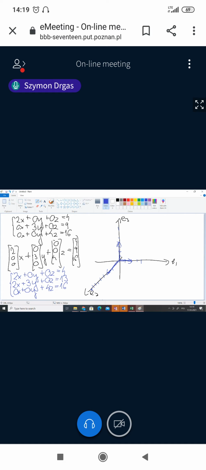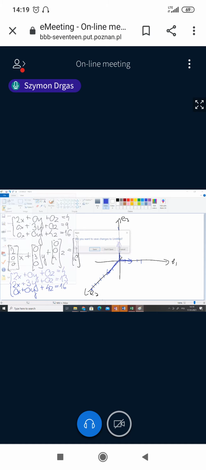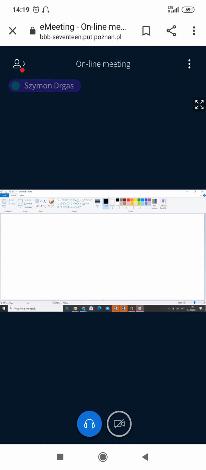Okay, so the next task is task number 5. I think the coefficient matrix will also be changed, apart from the row picture and the column picture.